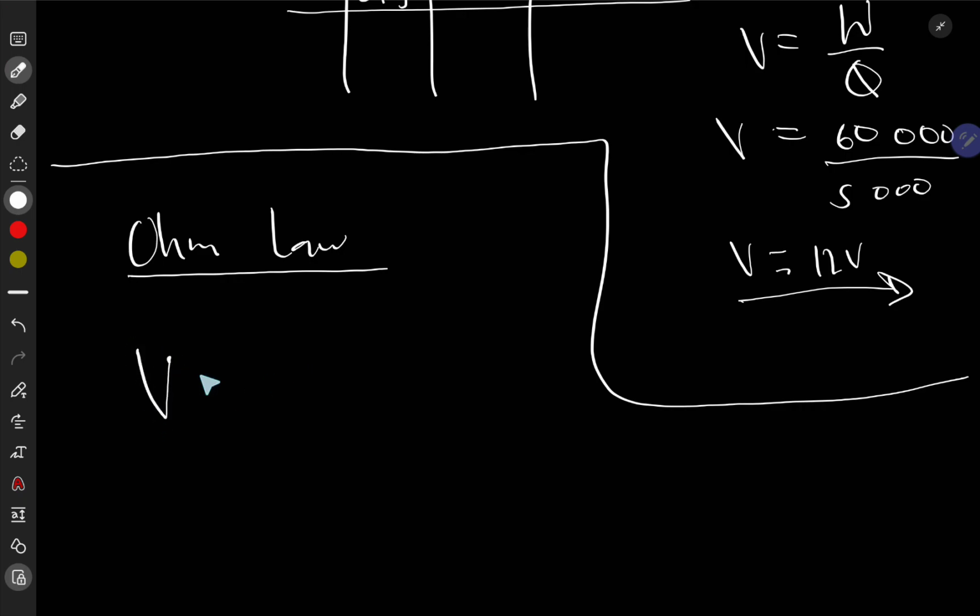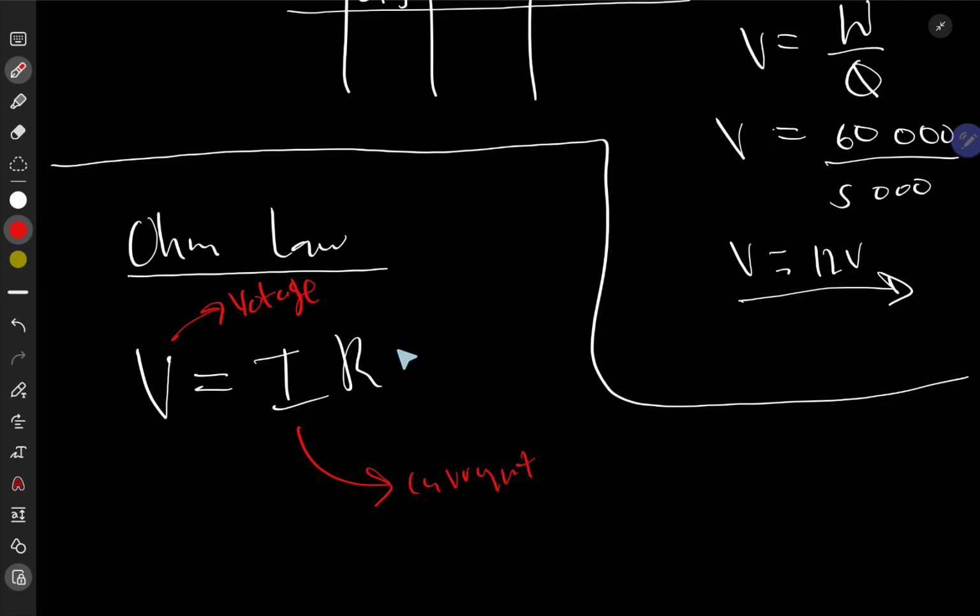I normally call it VIR to remember it, where I have voltage here, I have current here, and then I have resistance here. Resistance is something that opposes the flow of current.